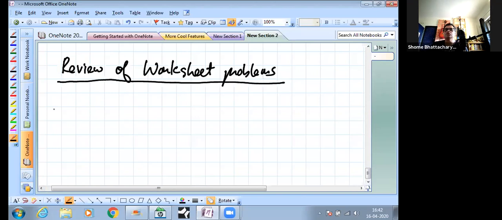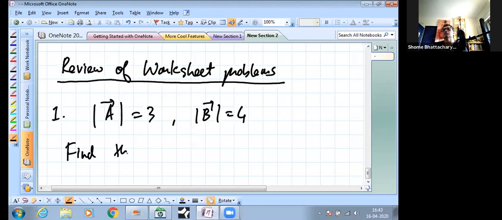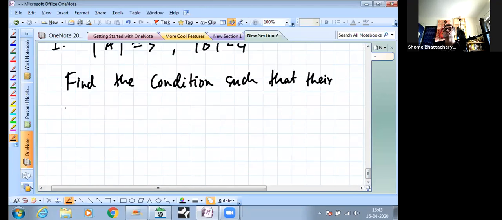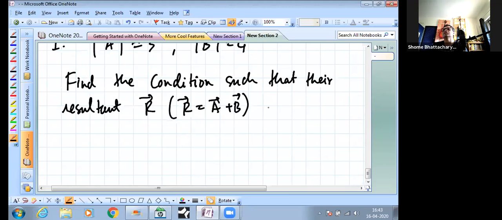So question 1 was like this, that you had two vectors whose magnitudes were given as 3 and 4. And you had to find the condition such that their resultant, let's say R, which is basically equal to A plus B, that is what we mean by resultant, has magnitude.